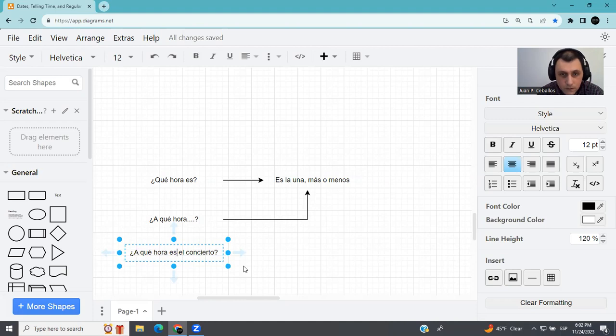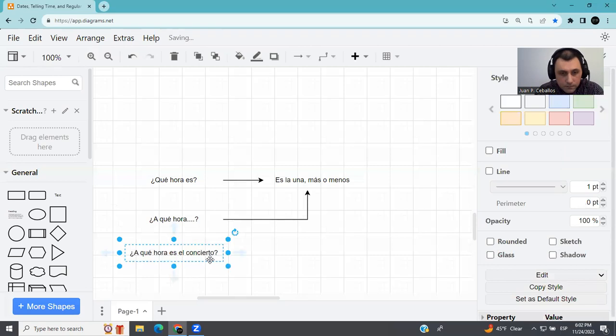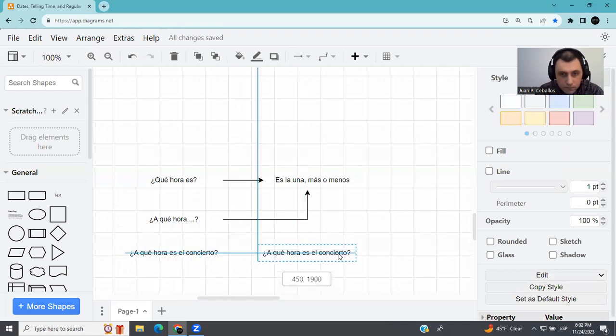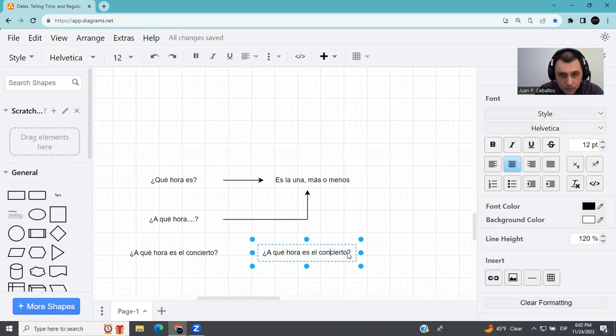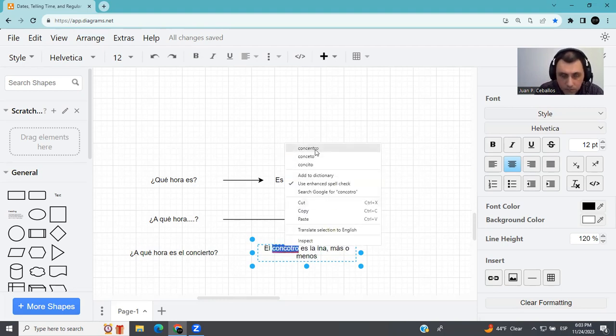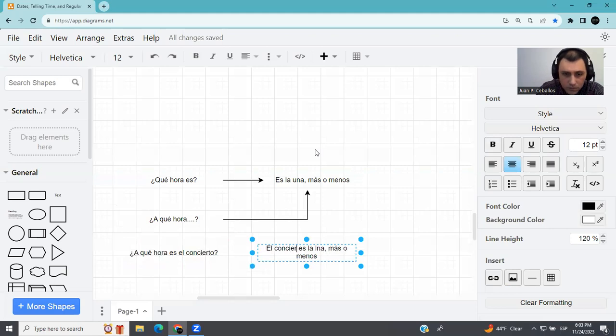Now I can answer this saying: el concierto es a la 1 más o menos. Sí, es a la 1.